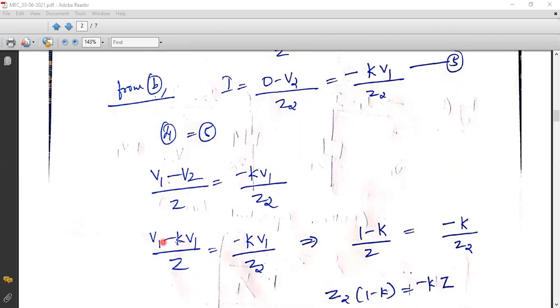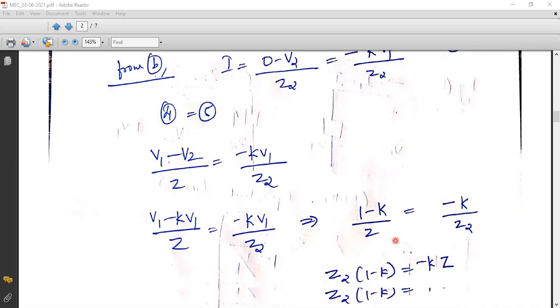Now take V1 outside and cancel from both the sides. So that the equation becomes 1 minus k by z is equal to minus k by z2. Any doubts means you can ask me, please.